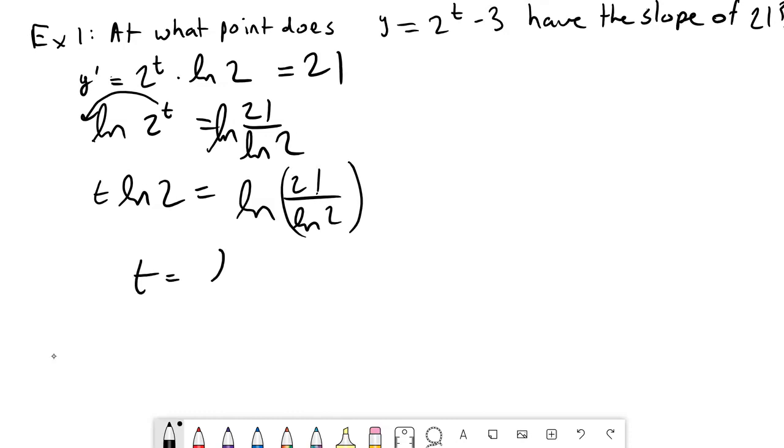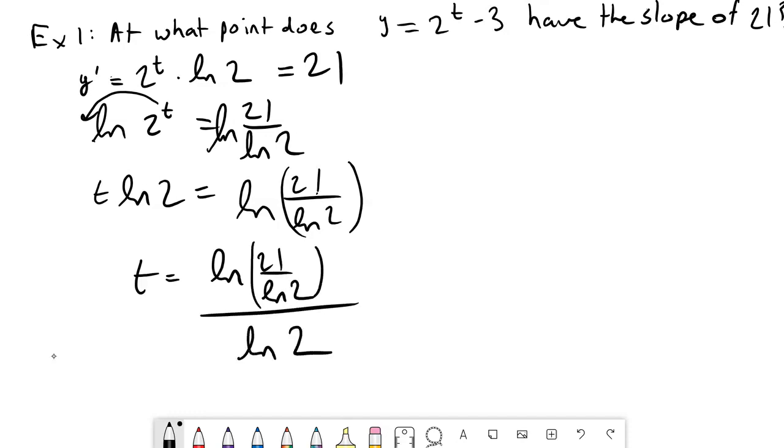t is equal to natural log of 21 divided by natural log of 2, all divided by natural log of 2. And I guess if you really wanted to, you can plug this into a calculator. I have the answer here. It's about 4.921. So at t equals 4.921, the slope of this function is 21.